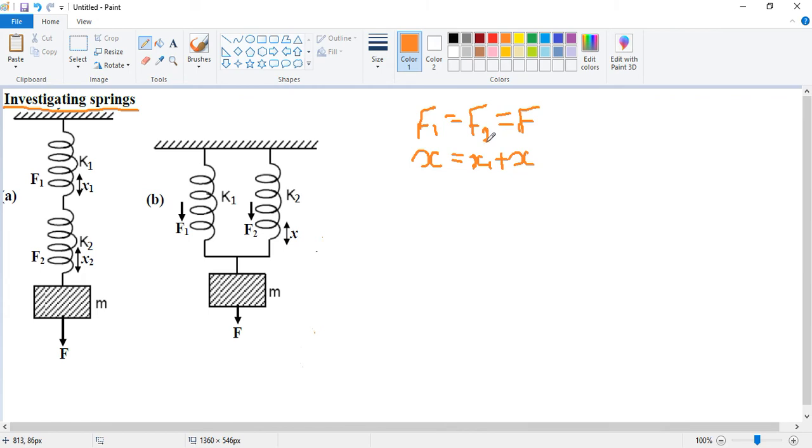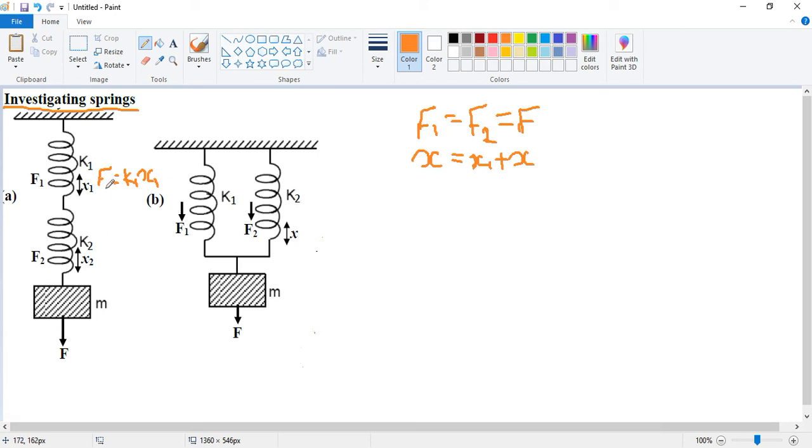So what is F1? From the first spring, you and I would notice that F1 is going to be equal to K1 times X1. We are using Hooke's law: force is directly proportional to extension.